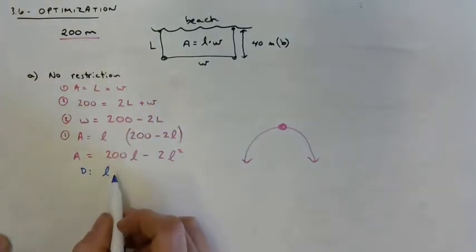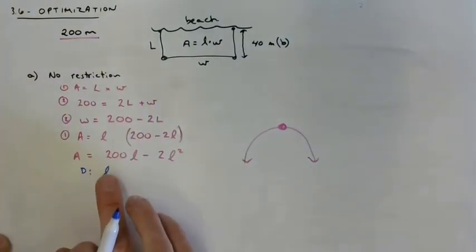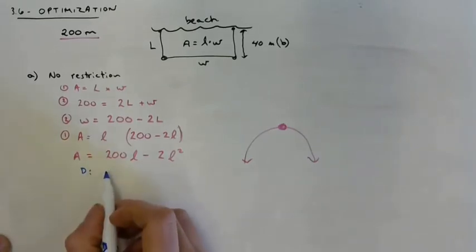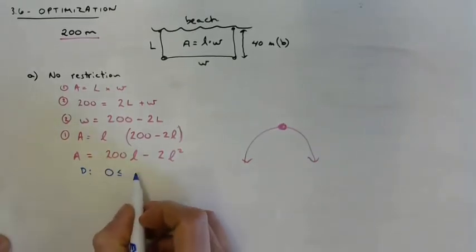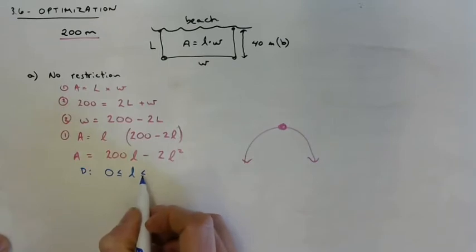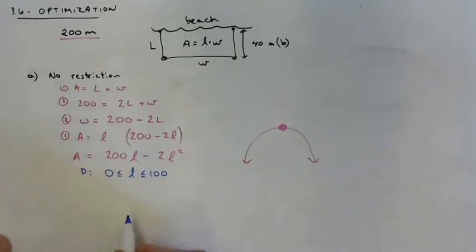So we've got L is greater than or equal to 0 and less than or equal to 100.